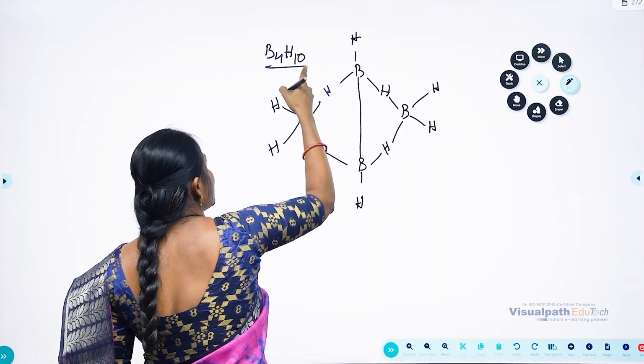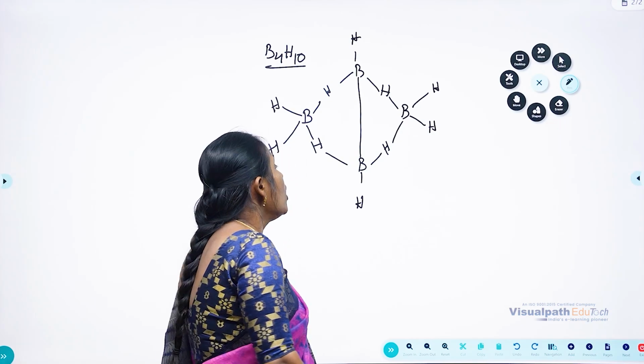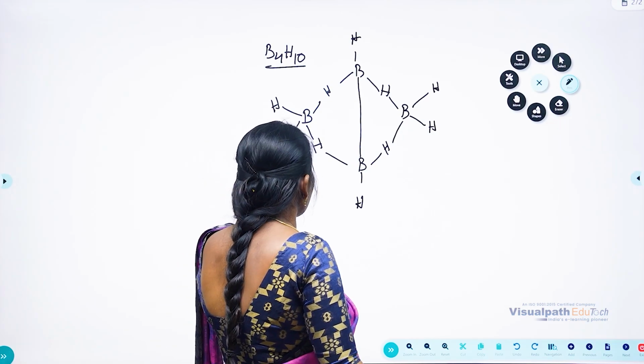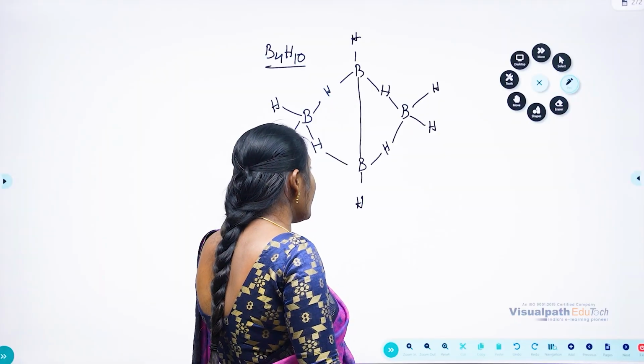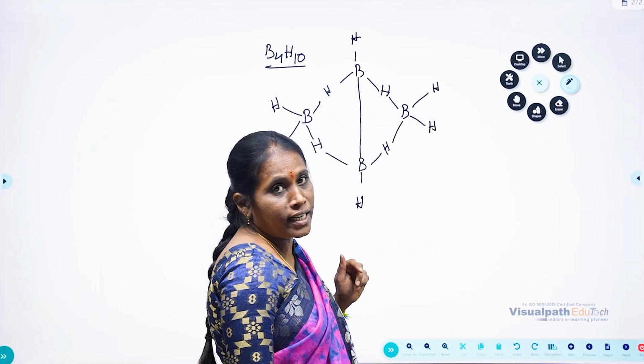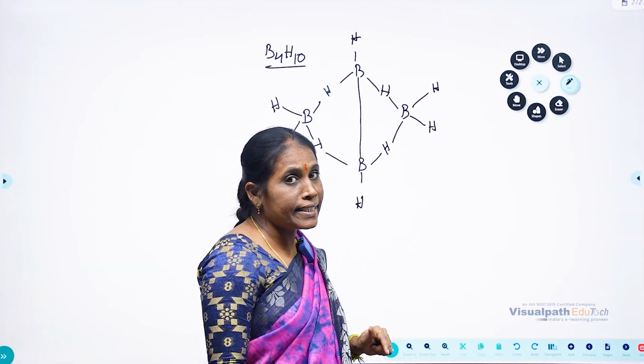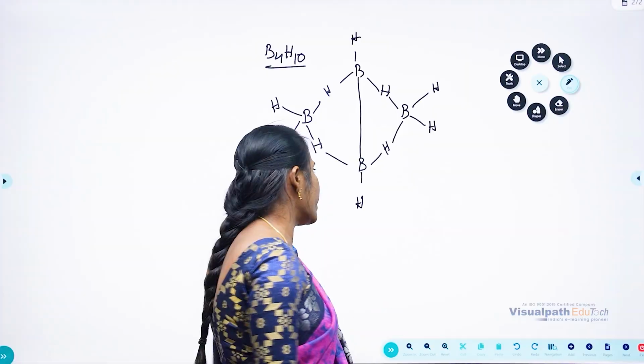This is the structure of the B4H10 molecule, one of the higher boranes. B4H10 is a tetraborane, with a butterfly structure. In these higher boranes, the calculation of the total number of electrons and styx number is very important.